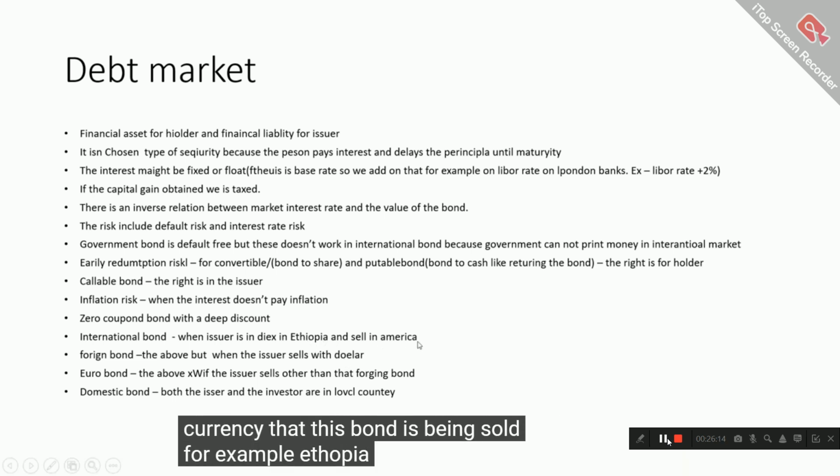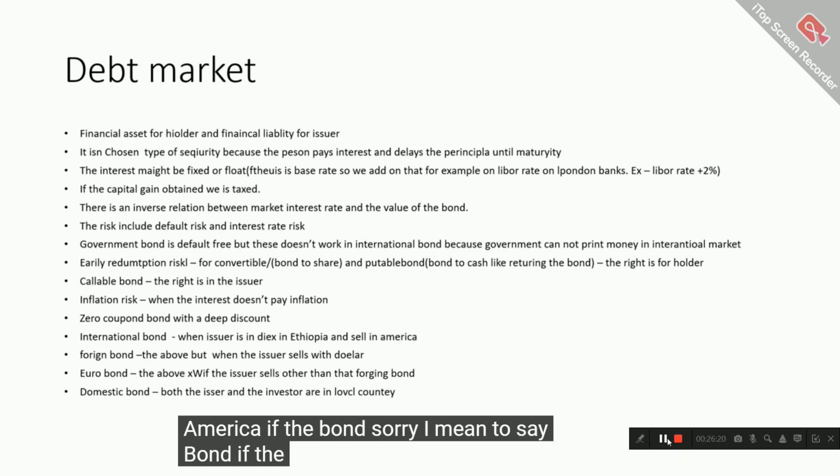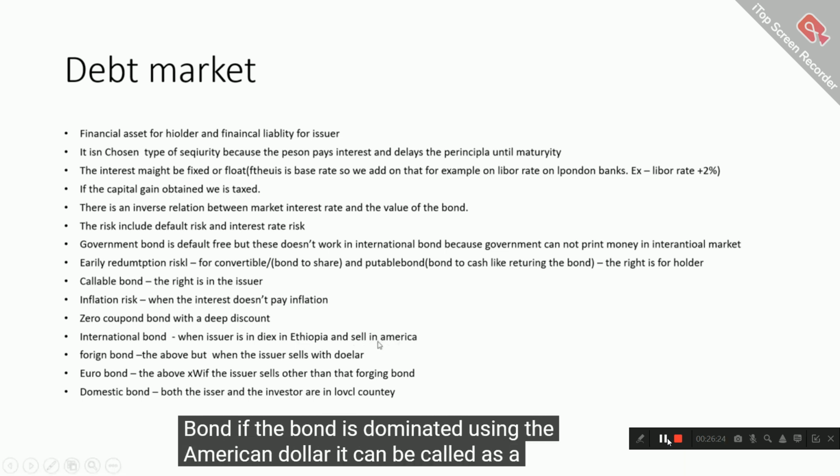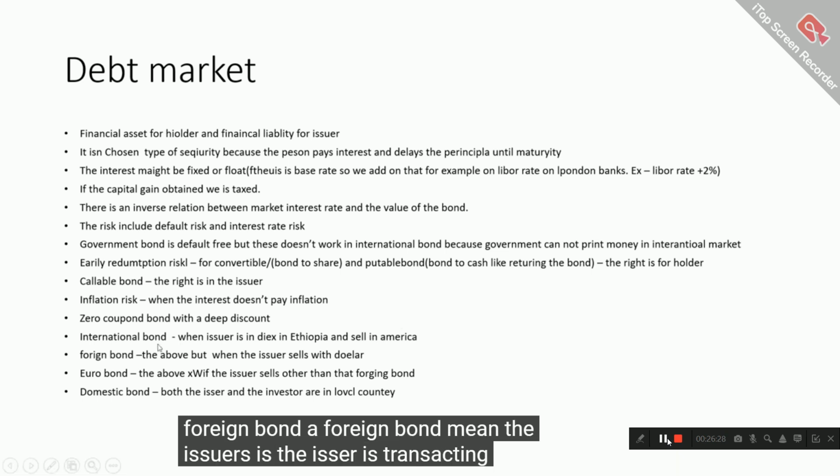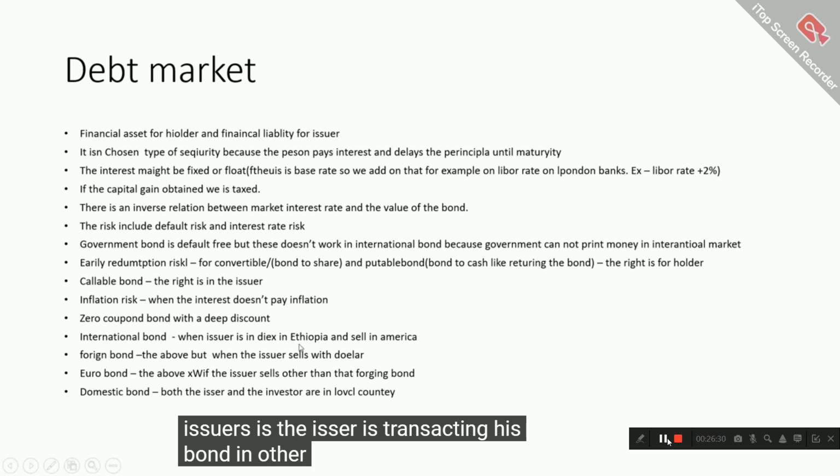A foreign bond means the issuer is transacting its bond in another country, considered foreign, and if the money is in that country's currency, it is called a foreign bond in America.